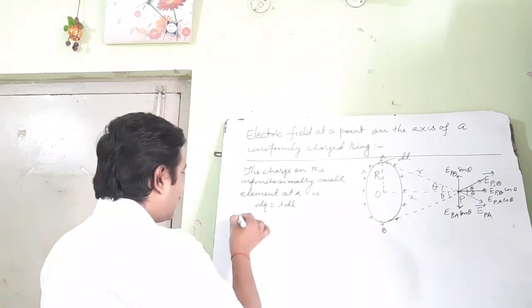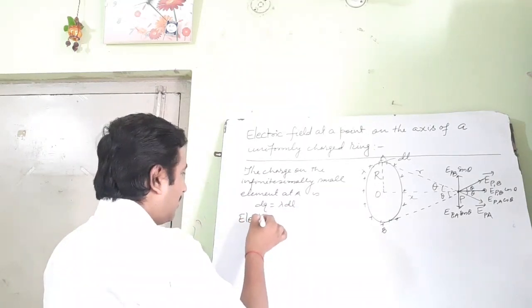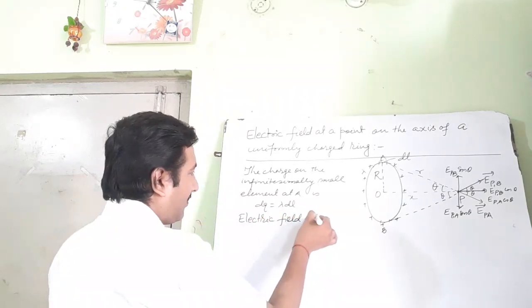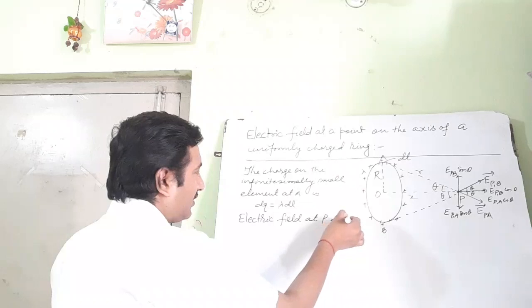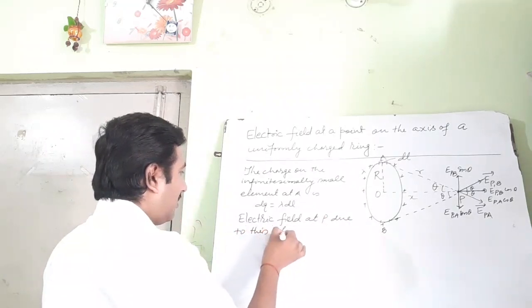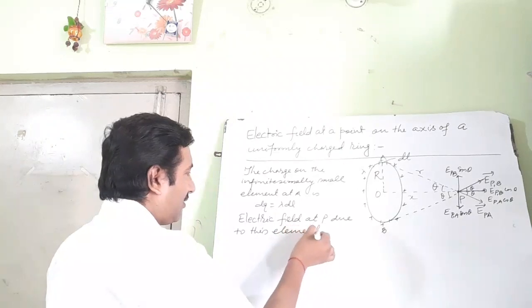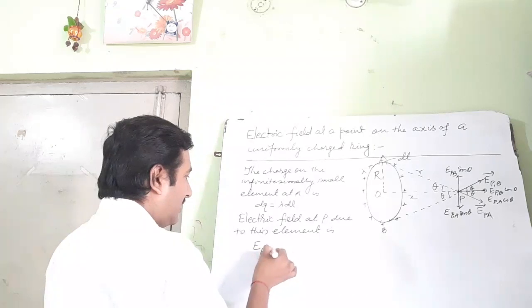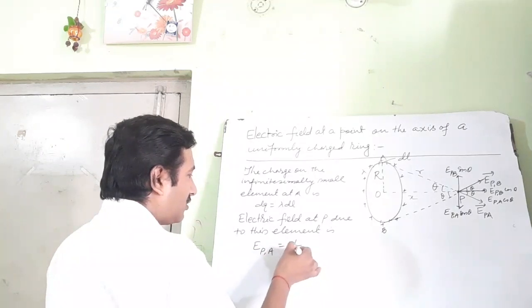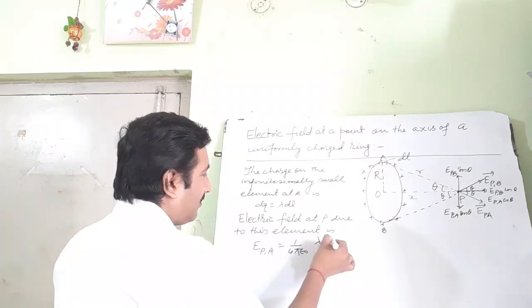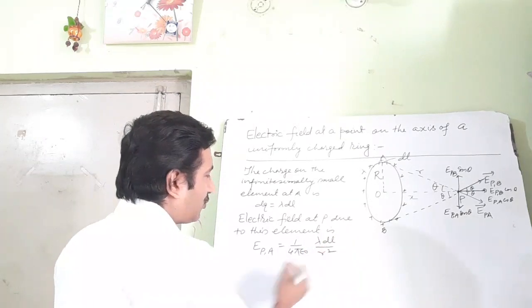The electric field at P due to this element is EPA, which is 1 by 4 pi epsilon naught, Q meaning lambda dl, by r square.